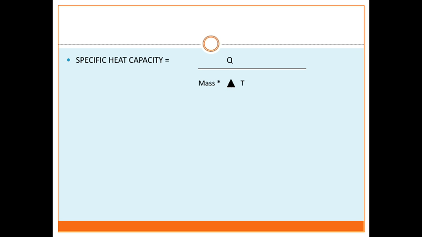Specific heat capacity of a substance is defined as the amount of heat required to raise the temperature of 1 kilogram of substance by 1 degree Celsius. So in heat capacity, whatever the substance may be, we don't mention the weight of the substance. In specific heat capacity it is mentioned as 1 kilogram. That was included in the formula.